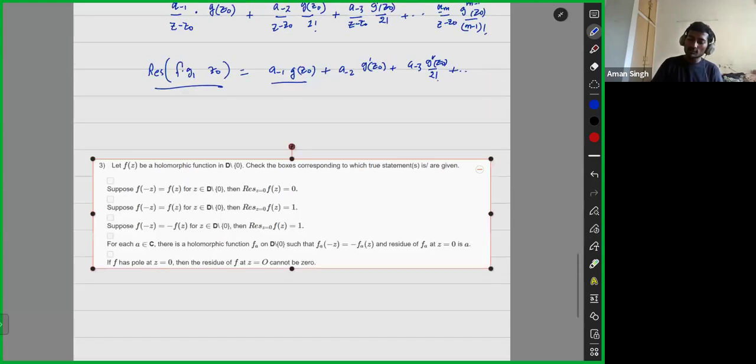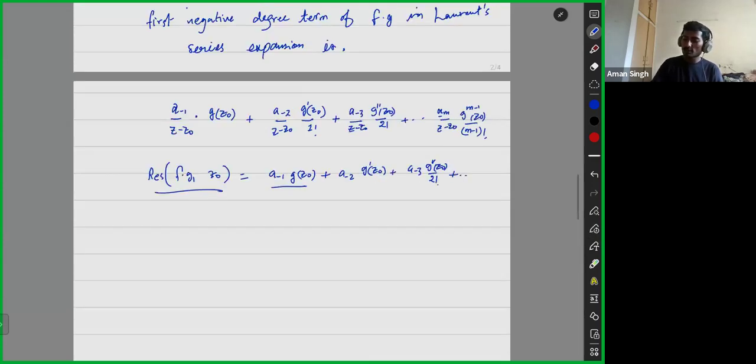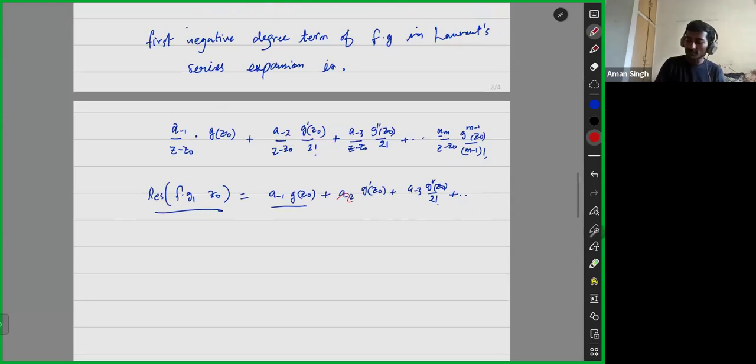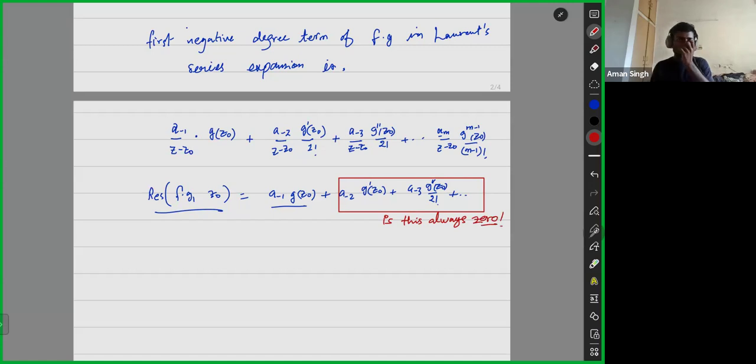In the first thought, what will you tell? That these two are not equal. So this part has to be zero. They are saying this is zero. Is this always zero? No. So this is the left hand side, and this is the residue of f at z naught into g of z naught.